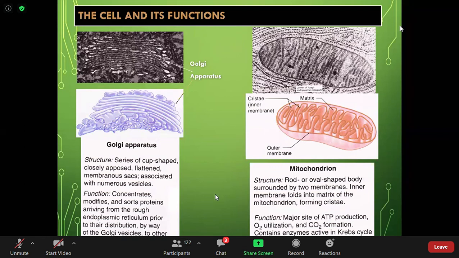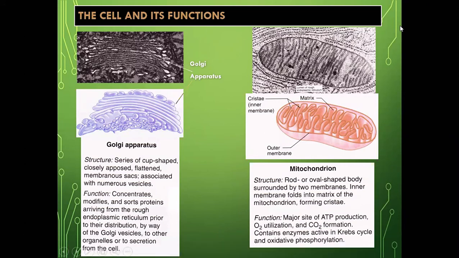Another organelle is your mitochondria. Round or oval shape. It has two membranes, the outer and the inner membrane. And this is the major site of your ATP production and oxygen utilization and CO2 formation.